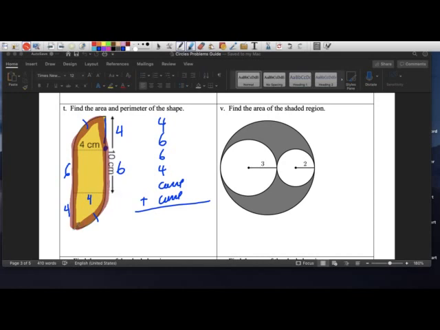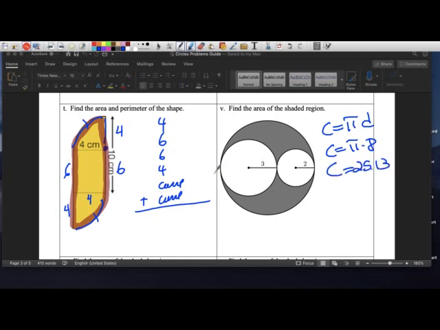If I add all those parts, it gives me the perimeter of this shape. But this curved part and that curvy part make half a circumference, because those two parts make up half a circle. So let's find the circumference of a full circle first of all. C equals pi d. Circumference is pi times the diameter. Well, we know the radius is 4, so the diameter is 8. So 8 times pi is 25.13. So the circumference of that circle is 25.13.